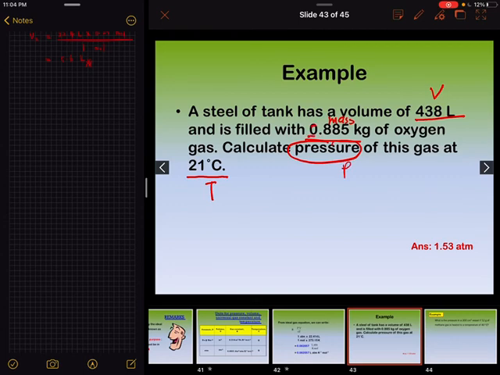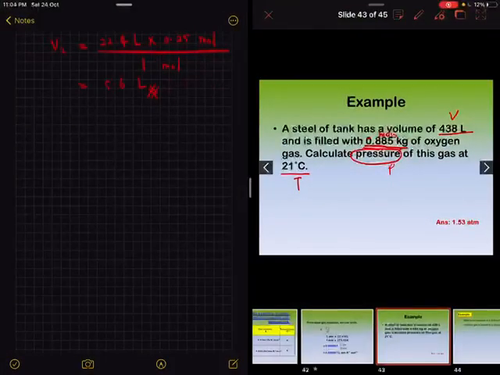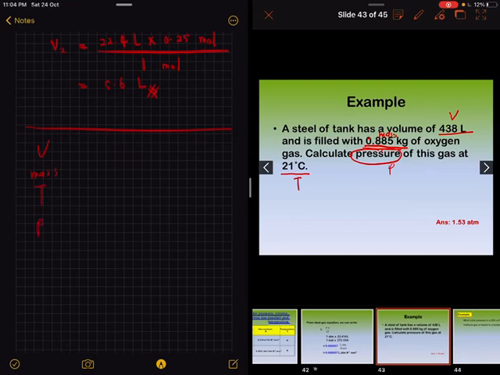Okay. So now, from this question, we can see that you don't have any two different conditions. What you have is the volume, the mass, the temperature, and you need to find the pressure.